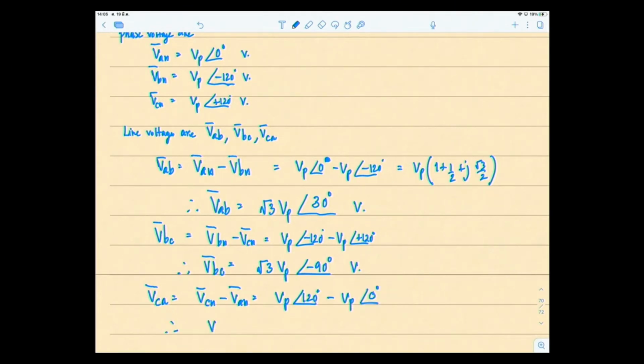And the answer, VCA, is equal to root 3 VP, angle minus 210 degrees, or root 3 V phase at plus 150 degrees volt.